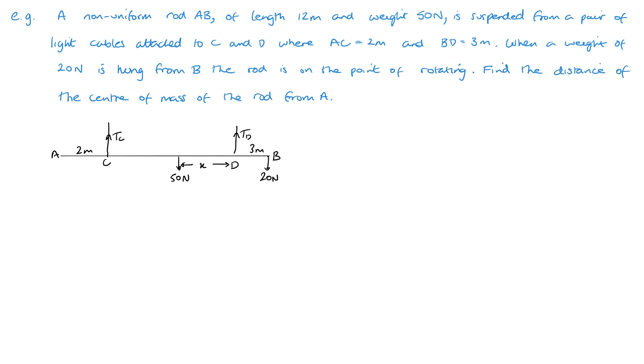Okay, so what I'm going to do here now, it's about to rotate, so we can get rid of that tension in C, and we can take moments about D. So that will mean 20 newtons times 3 will be equal to 50 times X. So 60 equals 50X.